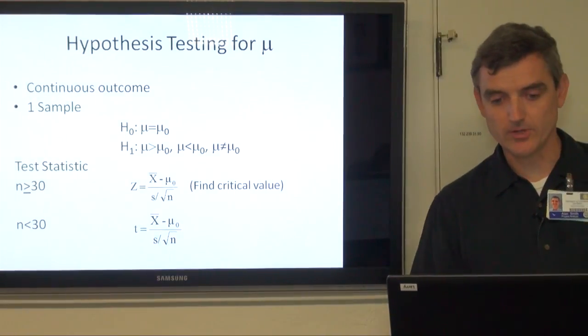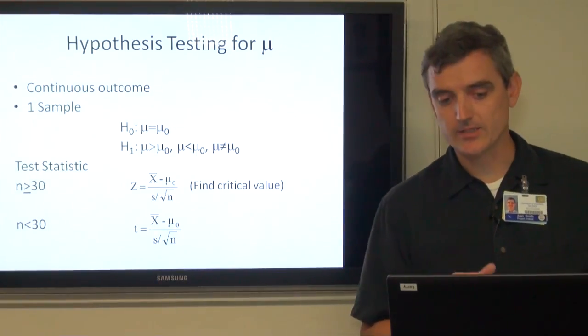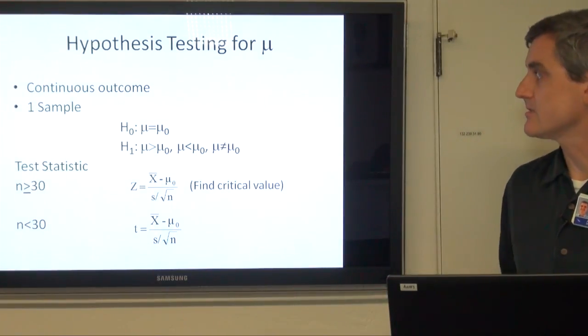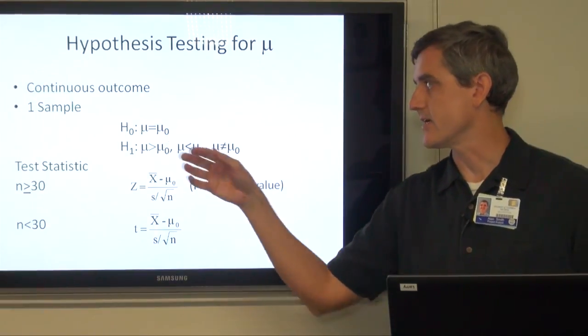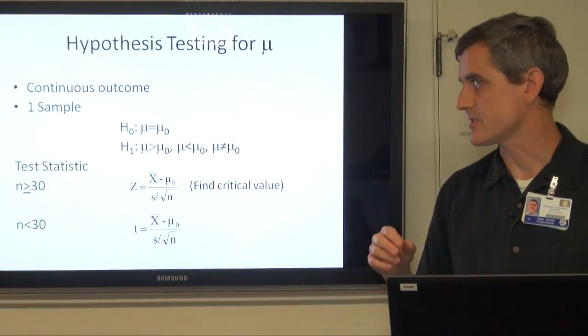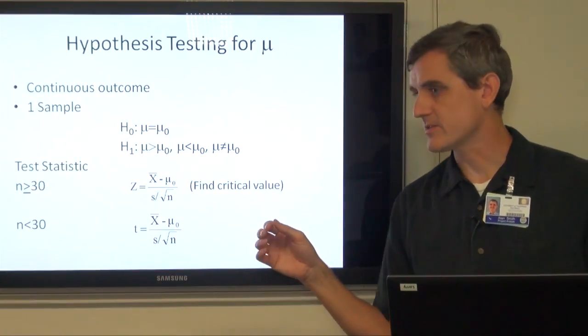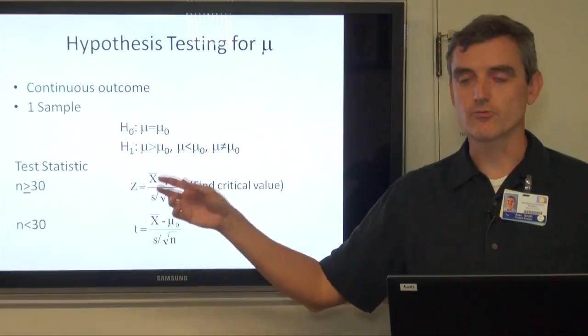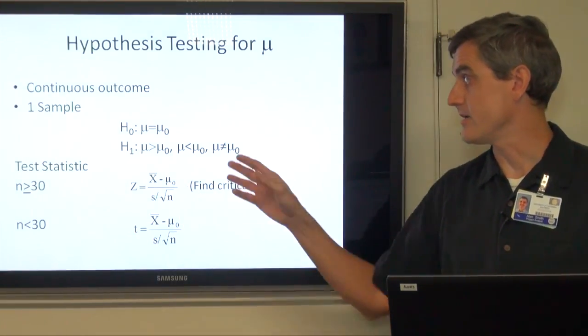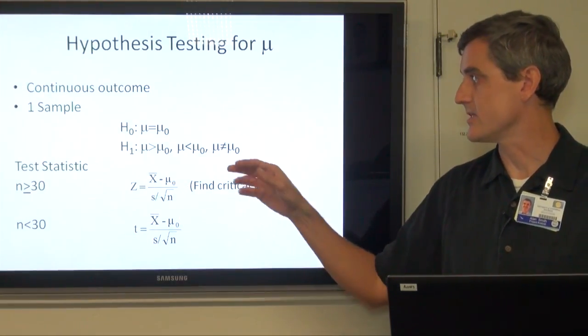Okay, so going back to our example, to actually test that hypothesis, we've got the null hypothesis that the mean is equal to some hypothesized mean. Alternative hypothesis, there are 3 possibilities. One, that the mean is greater than the hypothesized value.